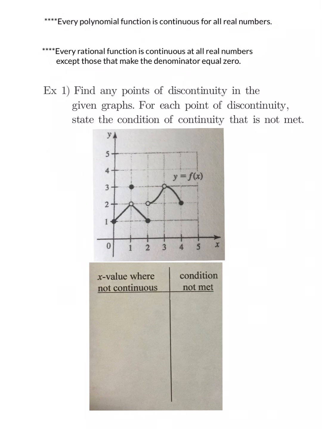So in looking at our graph, starting at the beginning here, we can trace okay till we get to 1, and then we'd have to go around the circle and pick our pencil up to go up here to get to the dot. So at the x value of 1, we are not continuous.